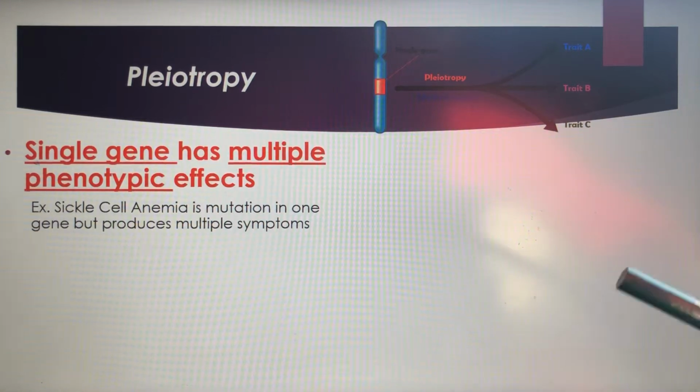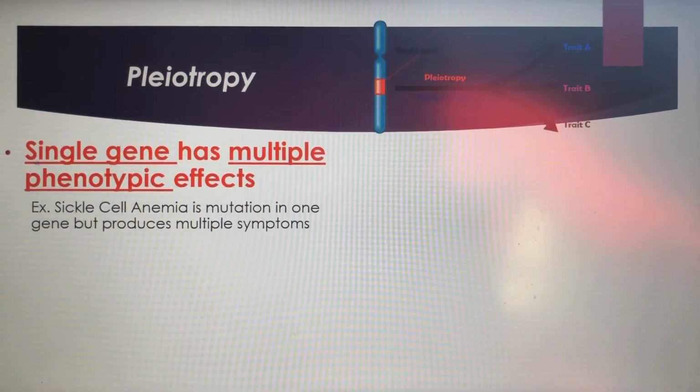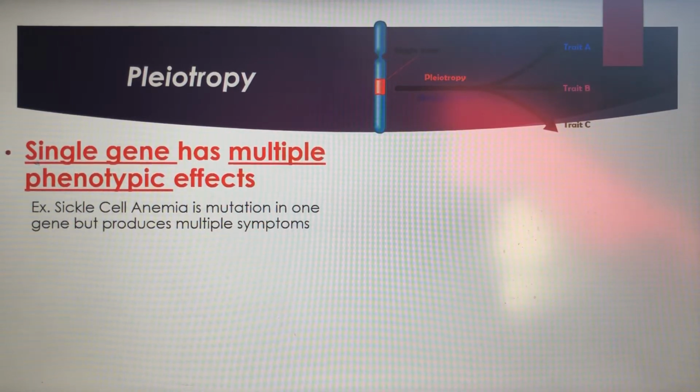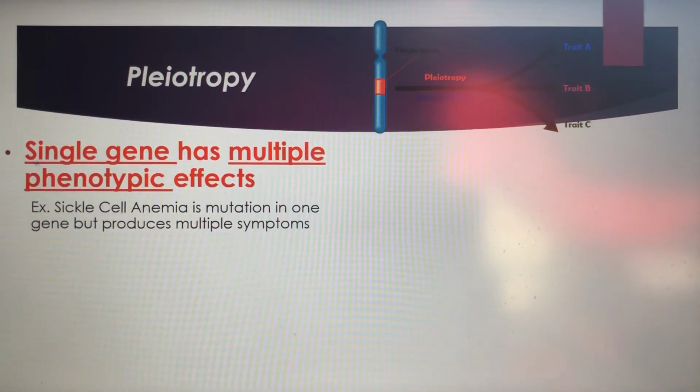Effects, okay? So pleiotropy, you have several genes, and you have one gene contributing, it's the reverse of polygenetics, contributing to many different phenotypic effects. So your book talks about sickle cell anemia.